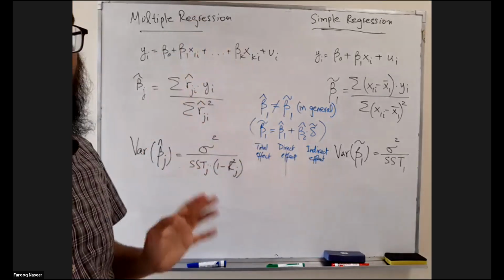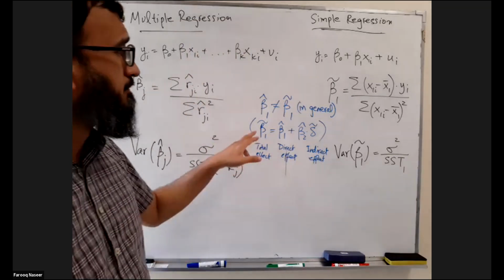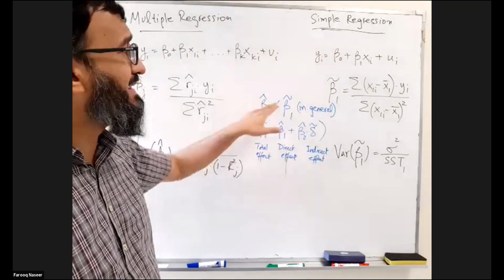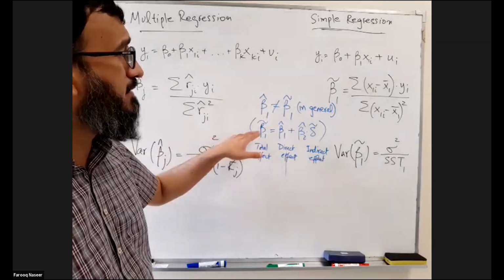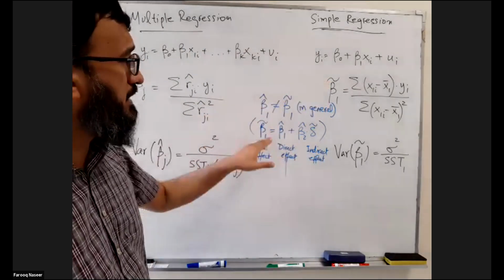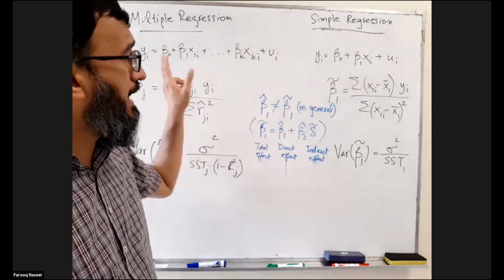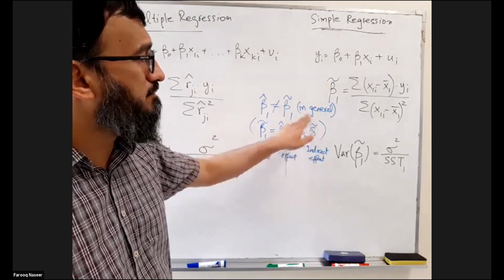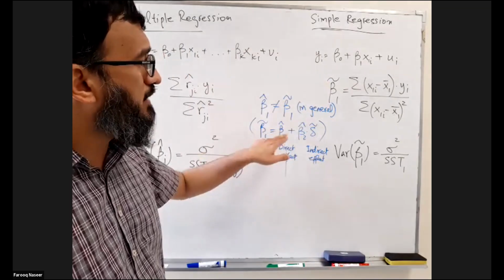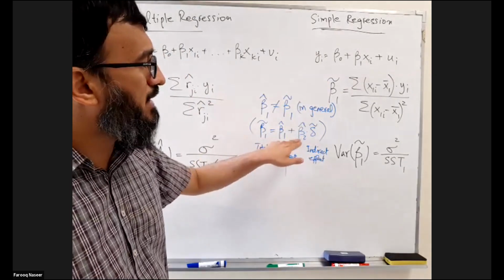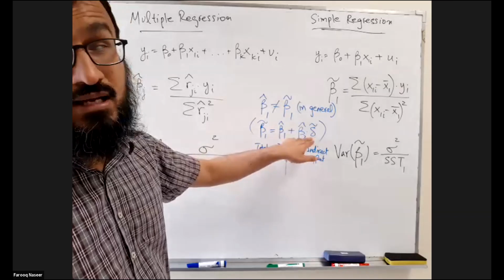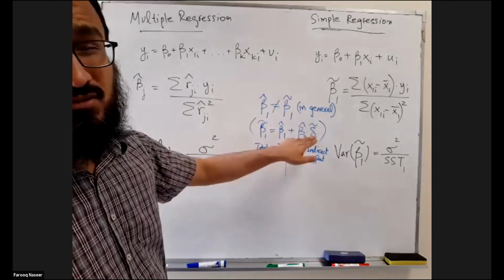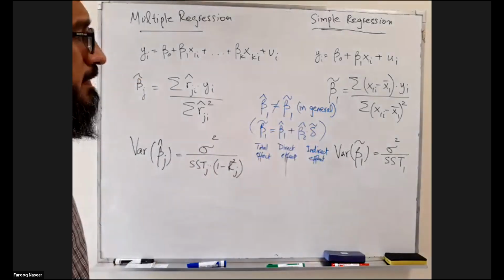So if the true model had two variables only, then you can actually write an equation relating these two coefficients. So the beta 1 tilde, which you get from the simple regression, equals beta 1 hat from the multiple regression plus this term. So it's not equal to it, it's equal to beta 1 hat plus beta 2 hat times delta tilde, where delta tilde is the slope coefficient of a regression of x2 on x1.